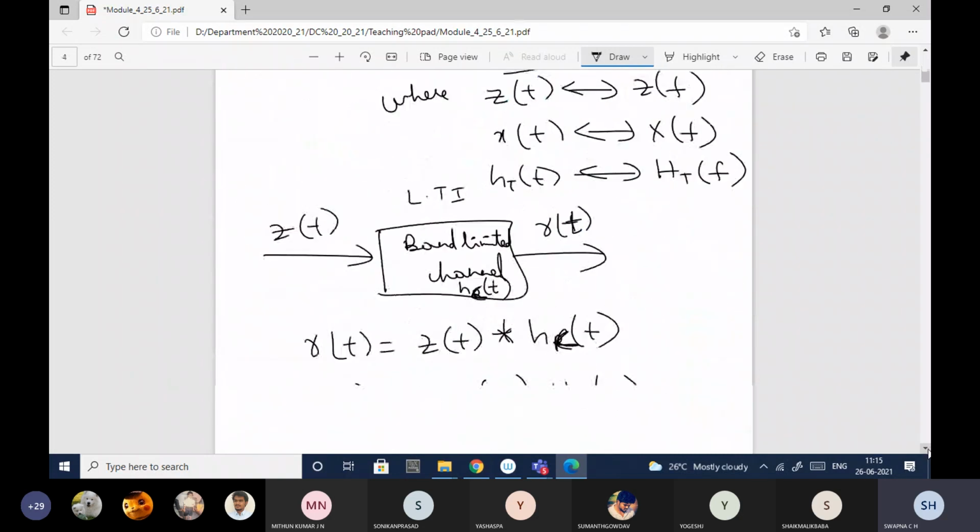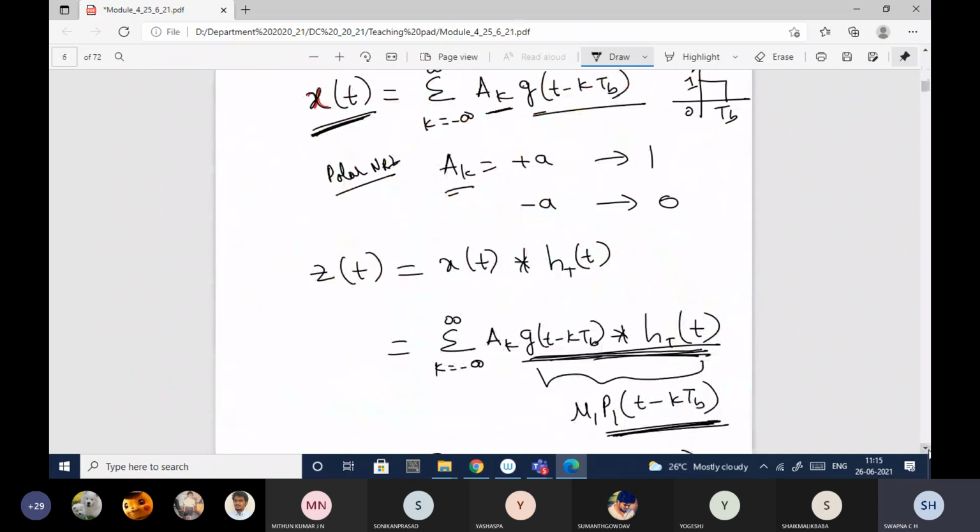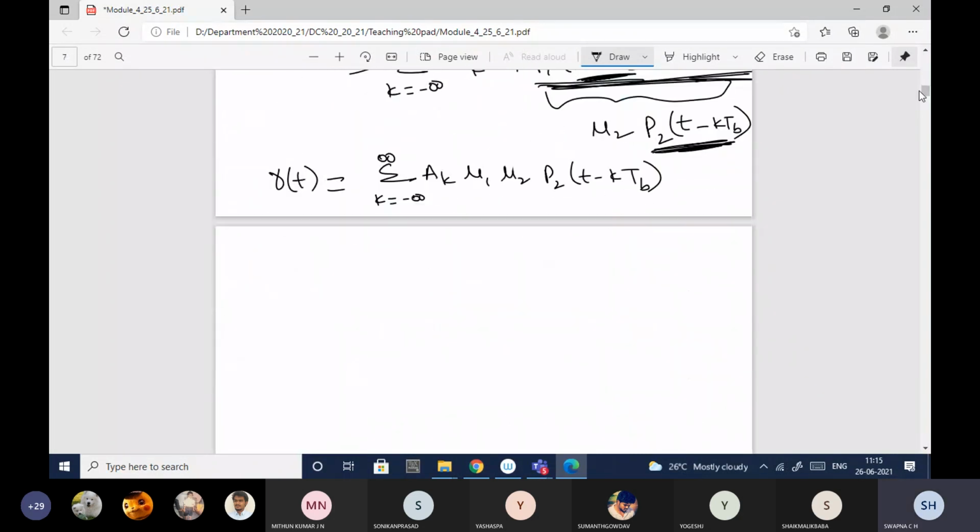So y of t is nothing but r of t convolved with the receiving filter impulse response h_r of t.